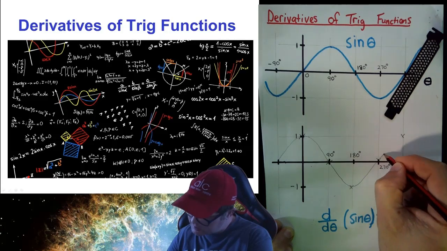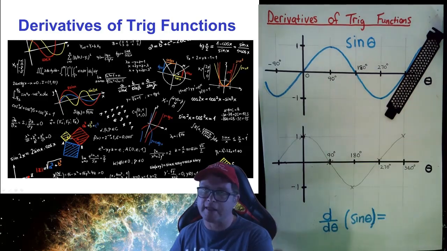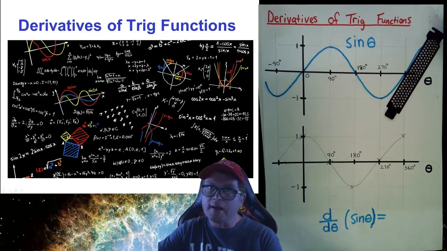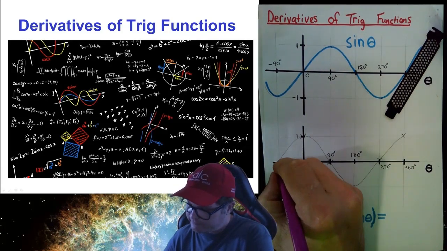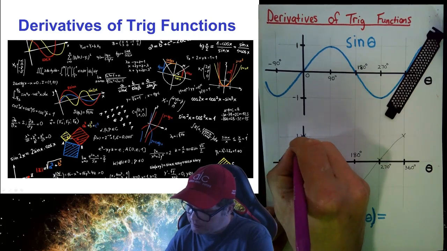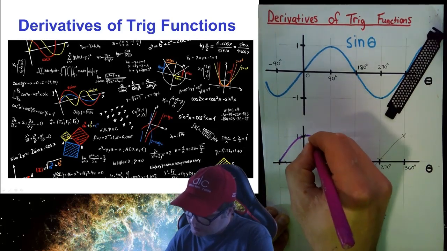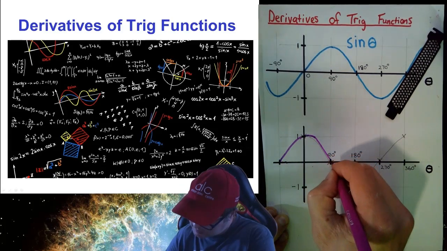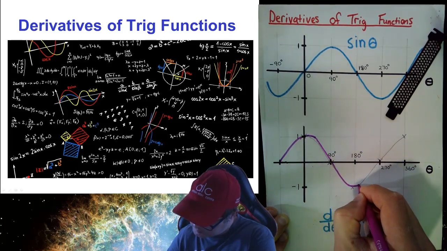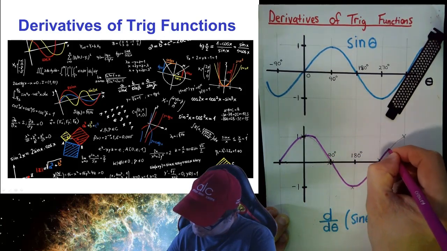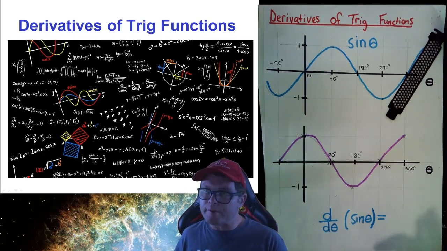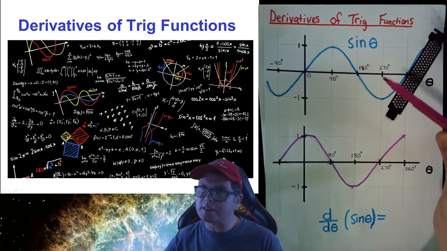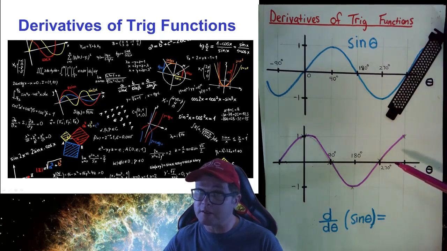And it goes like this, goes like that, right? Let me redraw that nicely in color now that I've put it in. So our gradient goes like this. So what we've shown is that the gradient of sine of theta in fact looks like this.